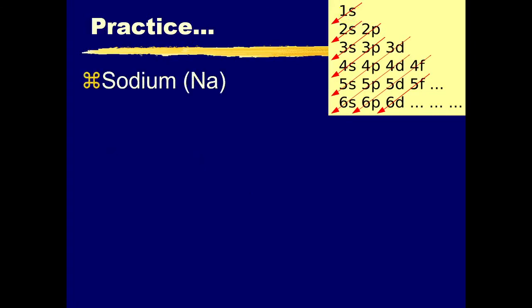Okay, let's move further. Let's have the element sodium. What is the atomic number of the element sodium? 11. So meaning there are 11 electrons. Let's start with 1s. You draw 1 box. Arrow up, arrow down. We have 2 electrons there. Next to 1s is 2s.